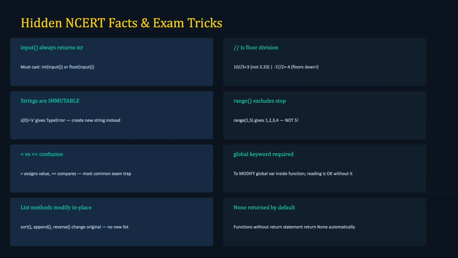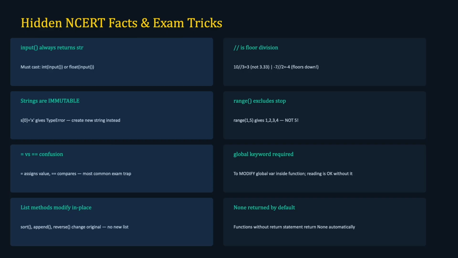Exam traps most students miss. Input always returns a string, so you must cast. Floor division 10 // 3 is 3, and negative 7 // 2 is minus 4 because it floors down. Strings are immutable: assigning to an index gives a TypeError.